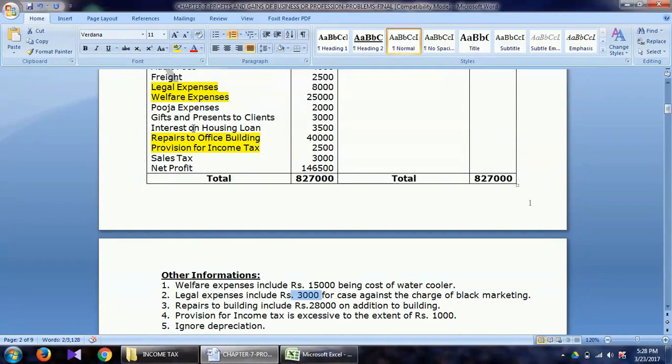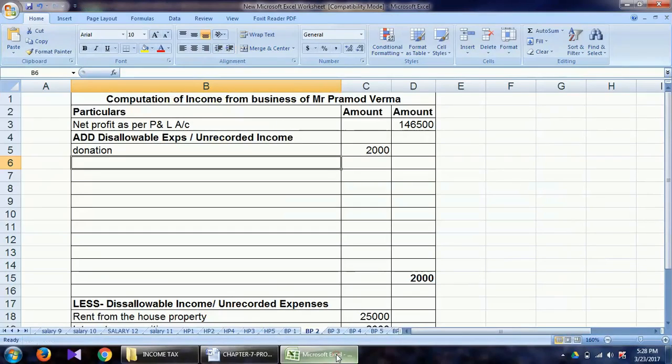Next comes welfare expenses. Welfare expenses total is 25,000, but from that 25,000, 15,000 is the capital expenditure on the cost of the water cooler which has been purchased. So capital expenditure will be added back.